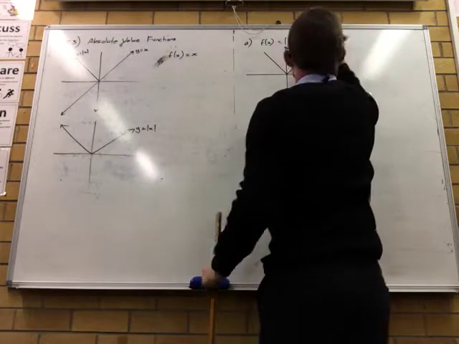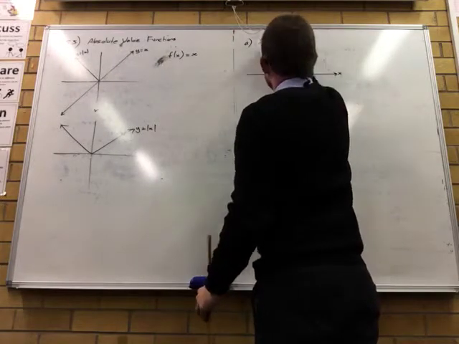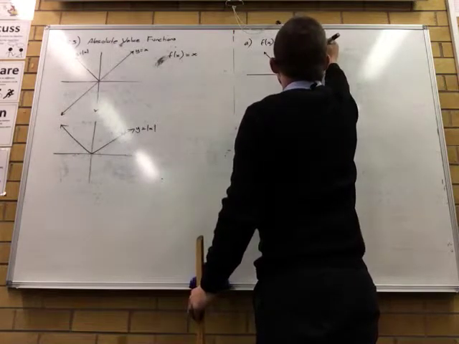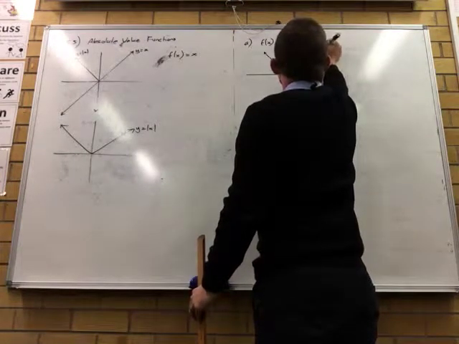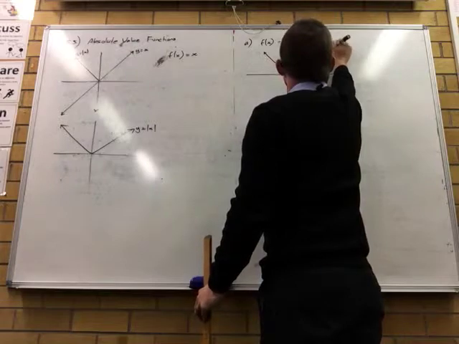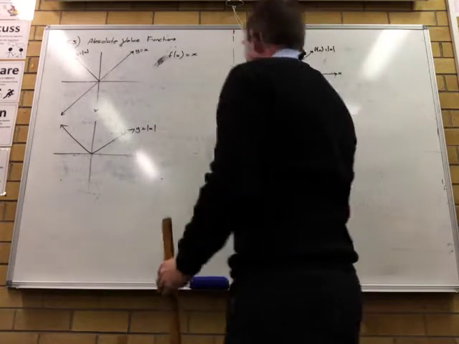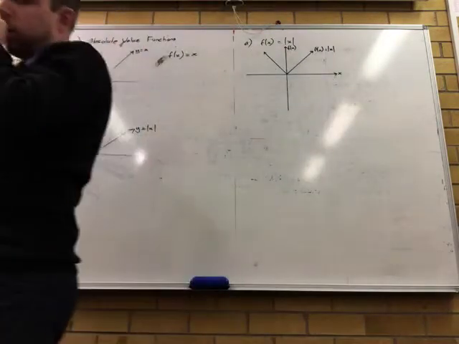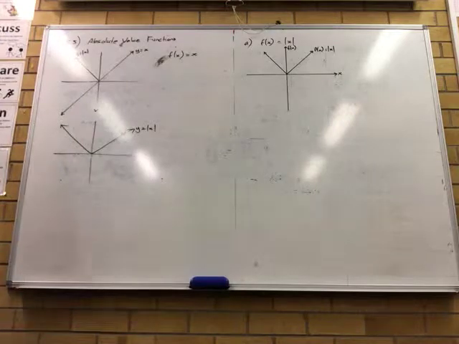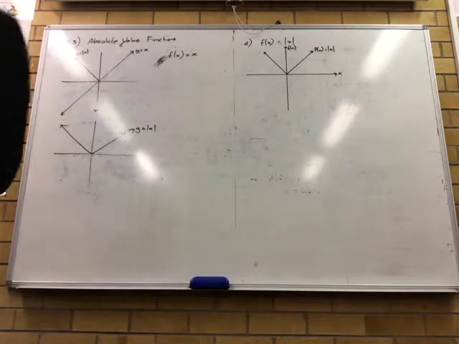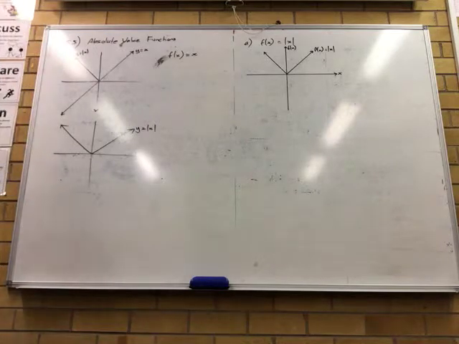Mine's not that great. Include all intercepts. The only time you don't need to show the intercepts is when it's at the origin, and you show clearly it's at the origin.